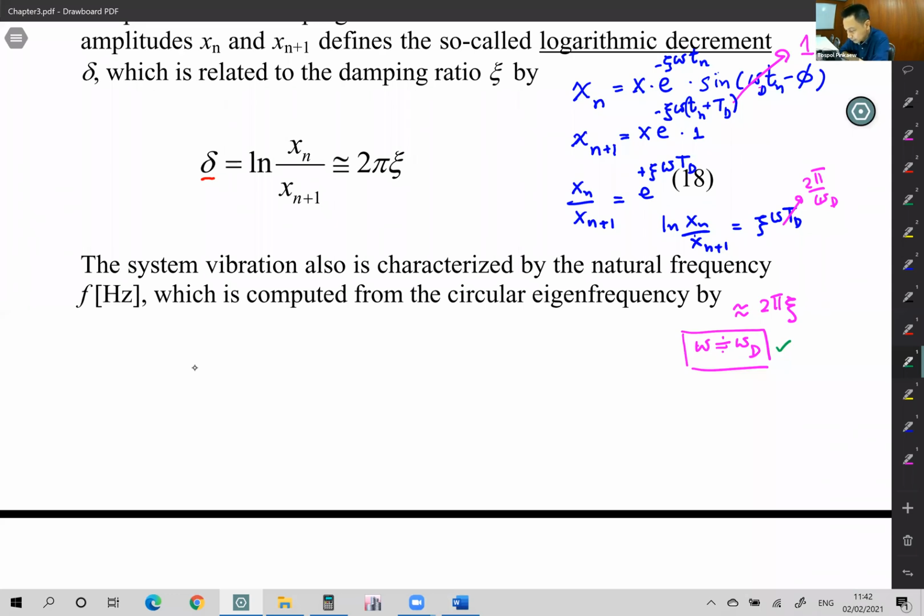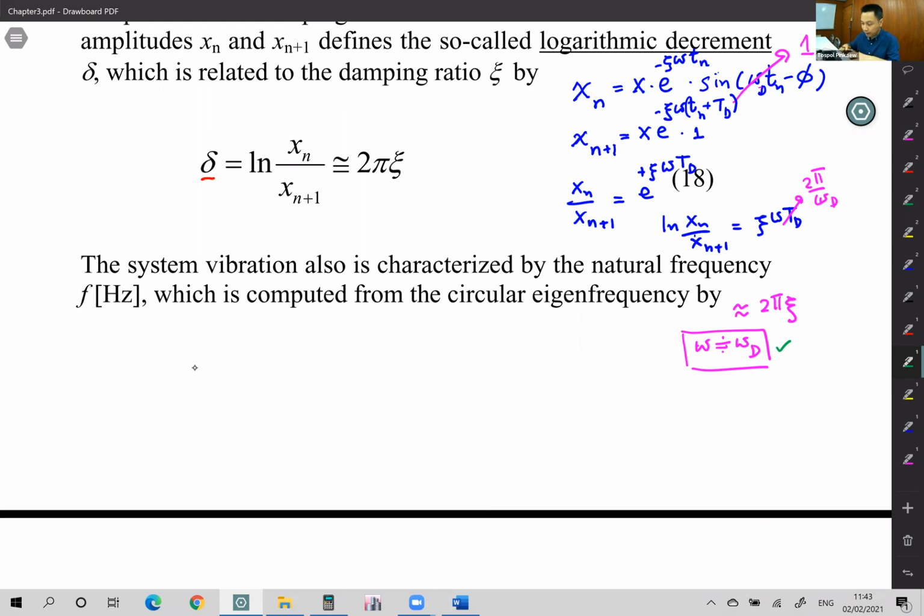But in our case, our building, if you give it an initial displacement and it keeps moving, it takes some 10 seconds, 20 seconds to die down. The damping is very, very small in our structure. It's not like the car.